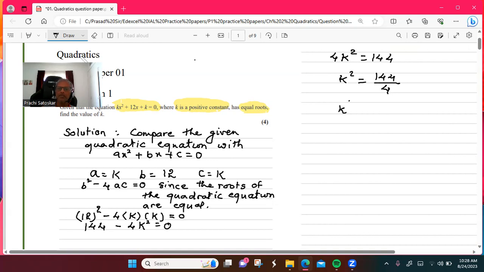So k square will be 36. Now if k square is 36, k will be plus or minus 6.